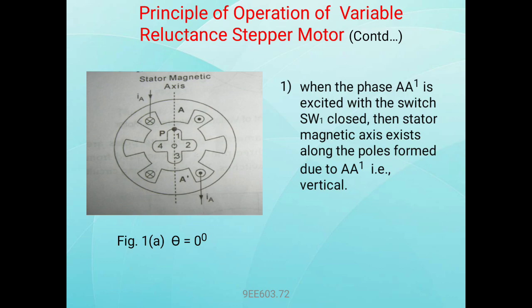See here, this is the stator magnetic axis. The rotor poles 1 and 3 are here. When phase A dash is excited with switch SW1 closed, the stator magnetic axis exists along the poles formed due to A dash, vertical.